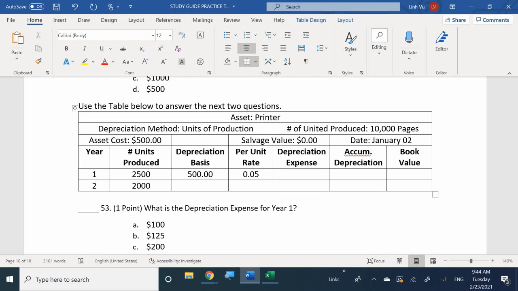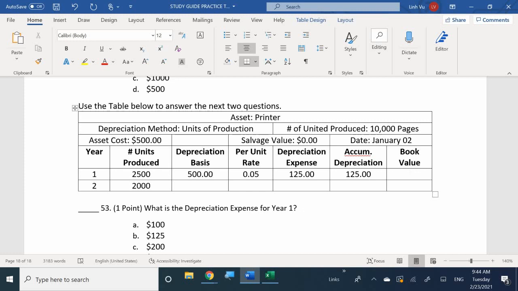Okay. All right. So what's going to be my depreciation expense for the first year? $125. All right. Which makes my accumulated depreciation the same there.